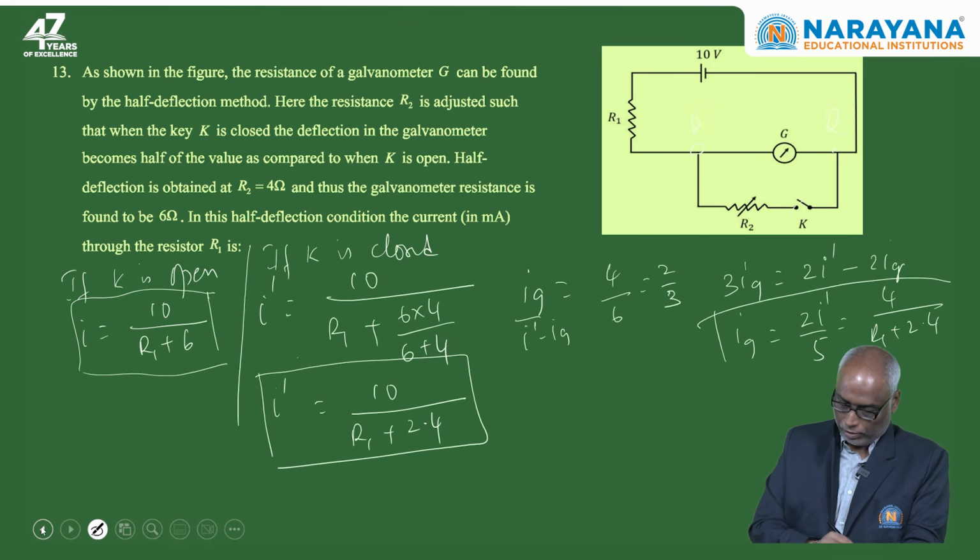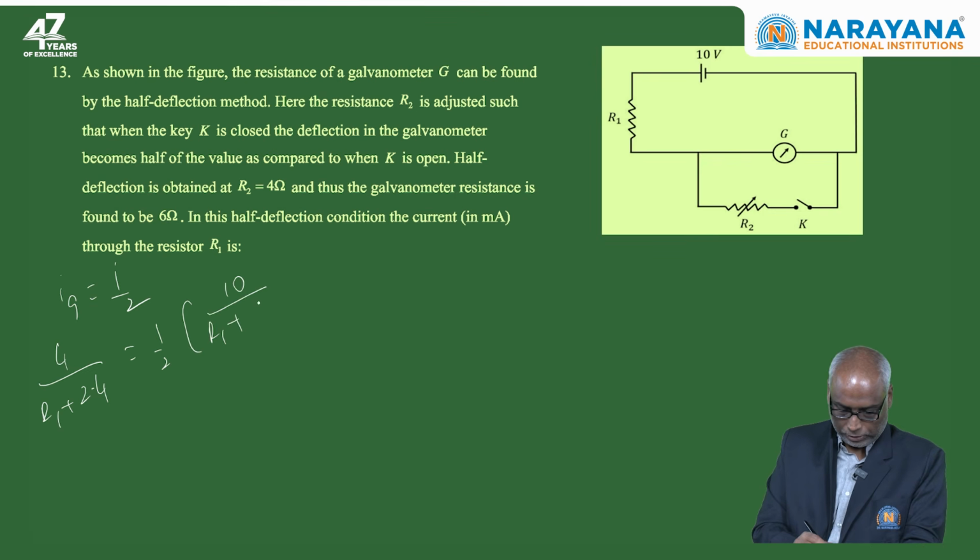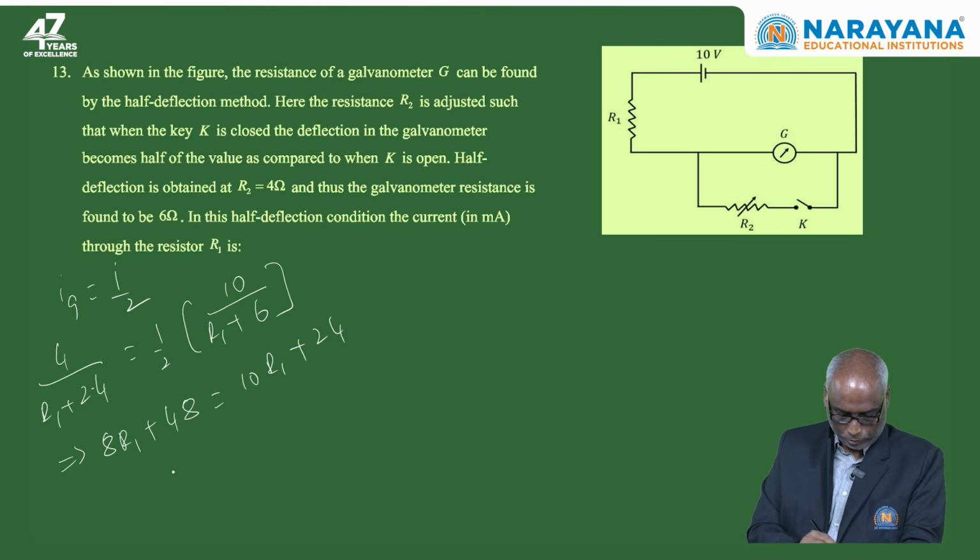So the value of Ig we got as 4 divided by R1 plus 2.4, and I divided by 2 is 1 by 2 into 10 divided by R1 plus 6. From this equation we get 8R1 plus 48 equals 10R1 plus 24. So 2R1 equals 24, and R1 equals 12 ohms.